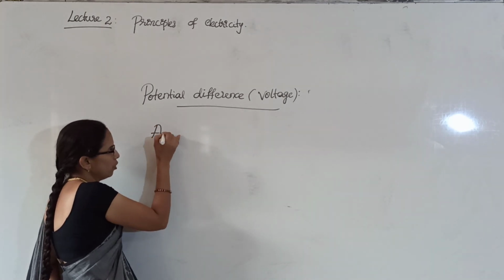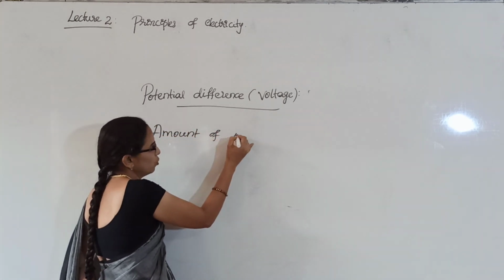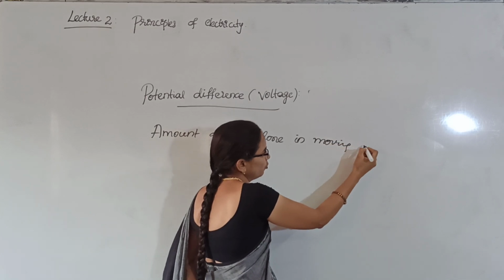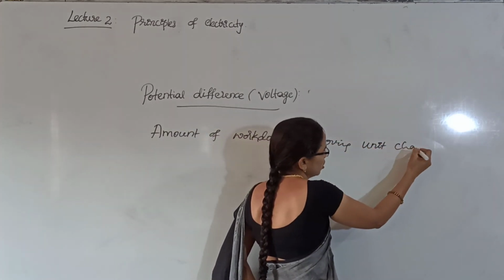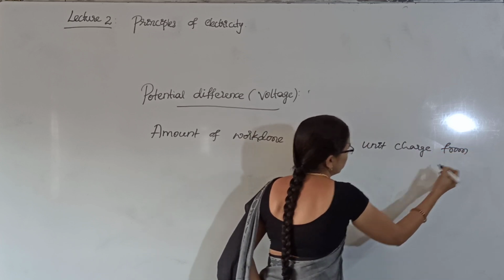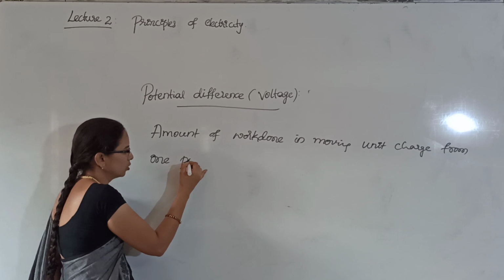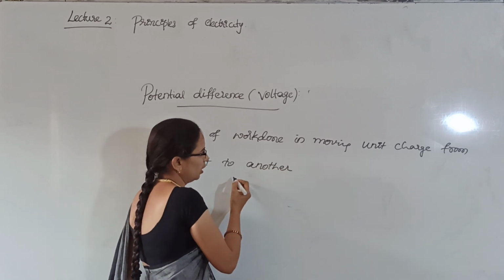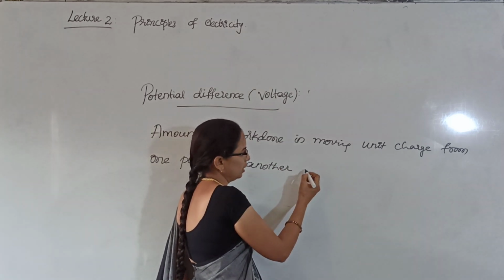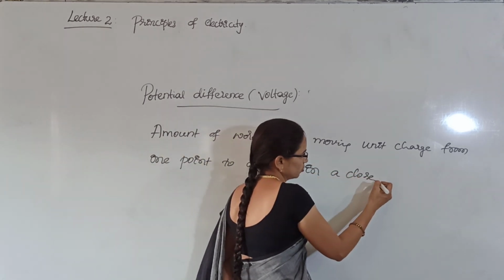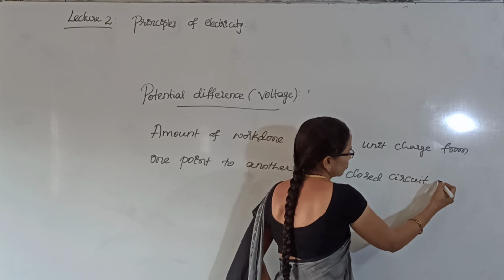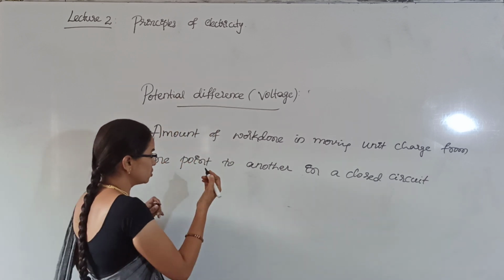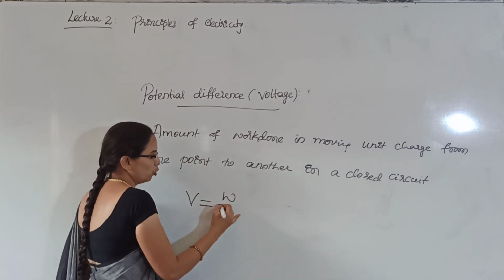It is the amount of work done in moving unit charge from one point to another in a closed circuit, which is nothing but potential difference, or you can even call it voltage. Voltage is represented by V.